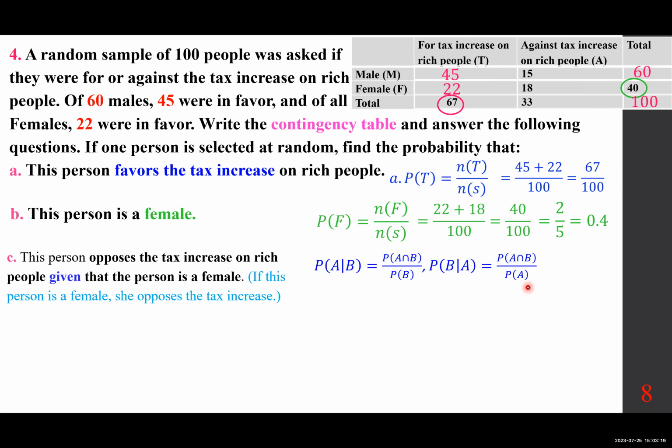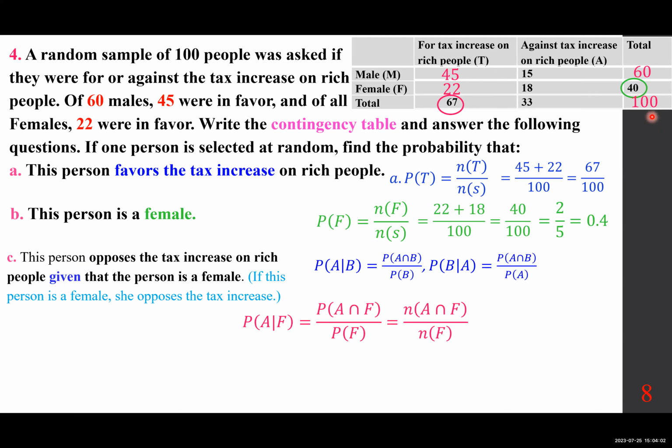And so now, given the person is a female, so probability opposing, we are using A given F. Please understand, according to this formula, we have probability of A given F, which is probability of A intersection F over probability of F. Now, it becomes N of A intersection F over N of F. So what's important to understand, anytime you have a conditional probability and given, the total sample space of 100 is no longer there.